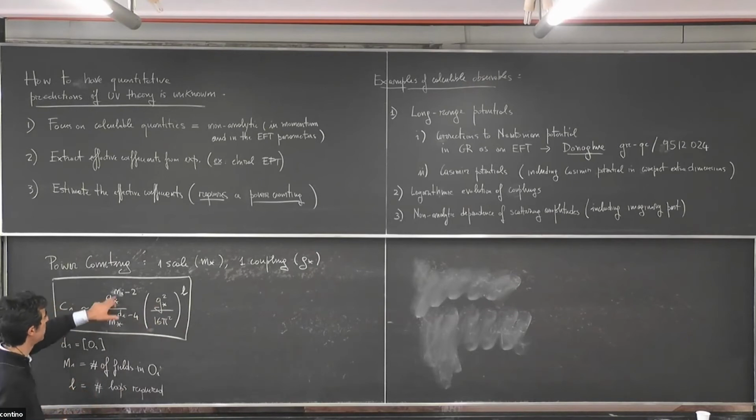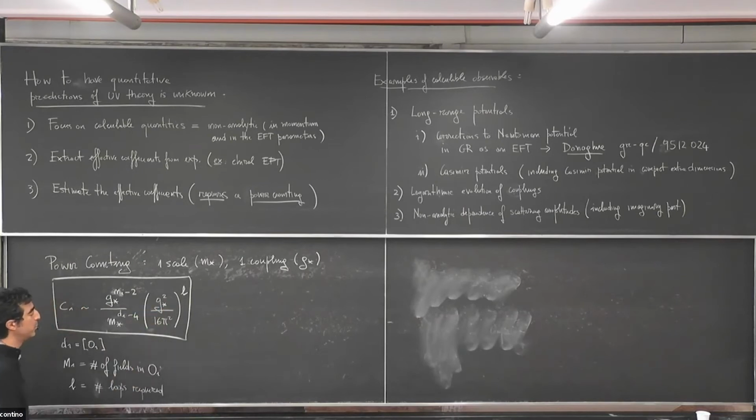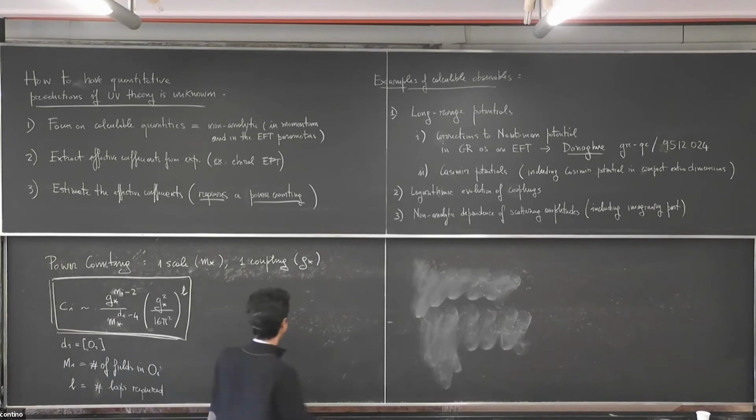So not couplings characterized in the UV, but couplings appearing in the low energy effective field theory, which might be even smaller, or even larger. So at this point, maybe this loop suppression is not a loop with G star, but a loop with G of the effective field theory. In any case, this is the starting point to make an estimate.